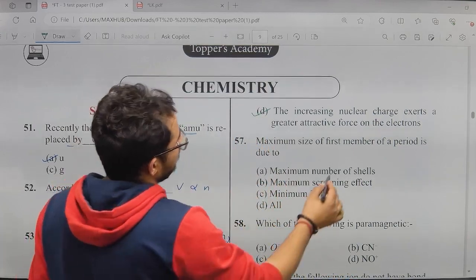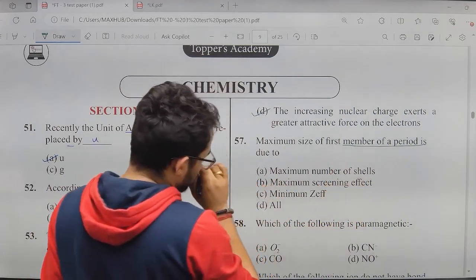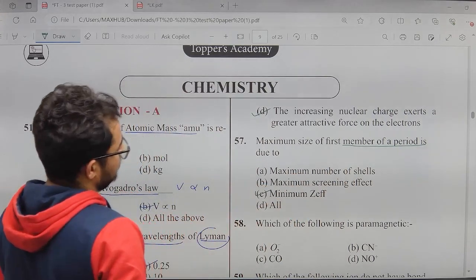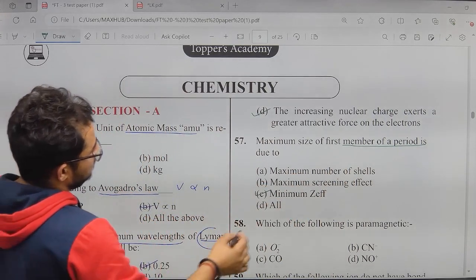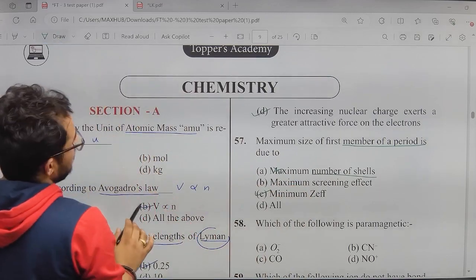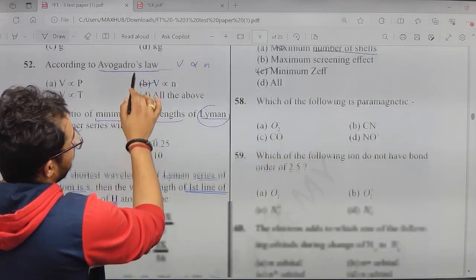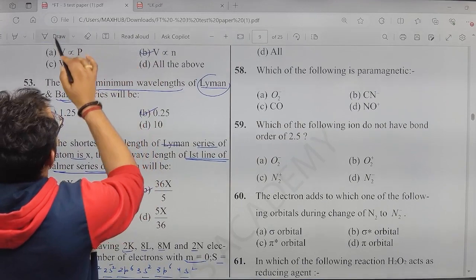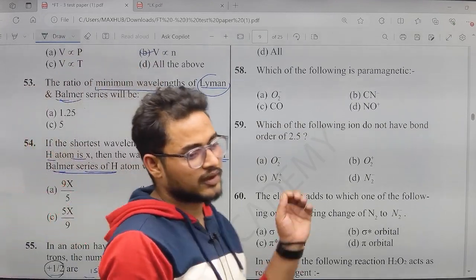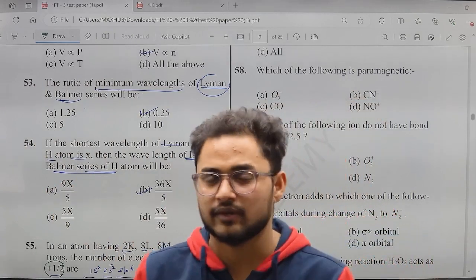So the maximum size of the first member of a period is due to minimum Z effective. Right? The shell will be the same. How is it? The first element will have the maximum number of shells, and all the elements in a given period have the same number of shells. The second period will have the second shell. All the elements will have the second shell.